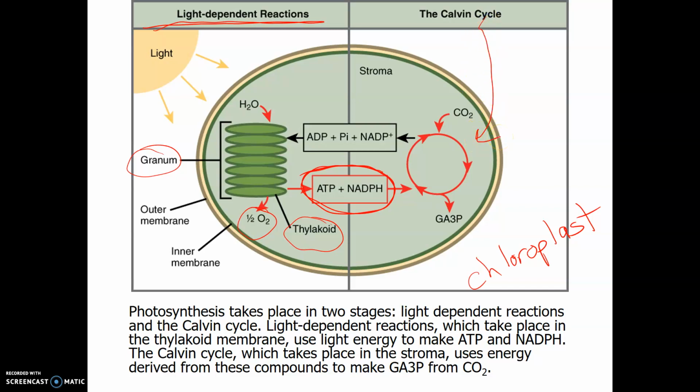It kind of looks like the citric acid cycle. It's a cycle of reactions, but different reactions occur here. So in the Calvin cycle, the carbon dioxide from the atmosphere is converted into a 3-carbon molecule called G3P, glyceraldehyde 3-phosphate, but you can just learn G3P. That G3P is the primary molecule that plants use to make food.